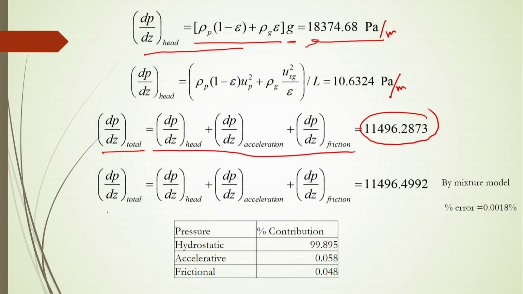And as per the mixer model, this total pressure drop is coming 11496.4992. The error is only 0.0018 percentage.